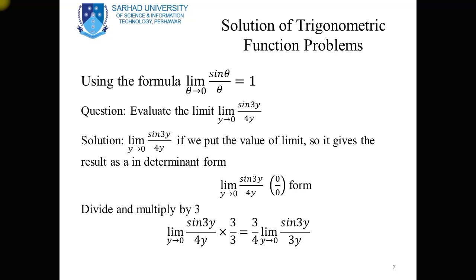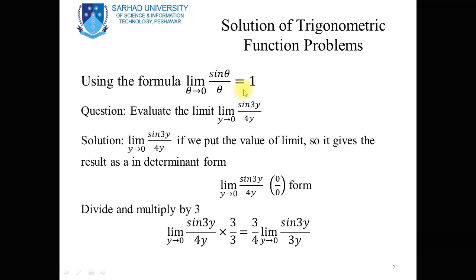case of trigonometric functions. When we obtain 0 by 0 form in case of trigonometric functions, we apply the theorem: limit theta tends to 0 of sine theta by theta is equal to 1. Dear students, in this theorem, theta appears in the denominator and theta tends to 0, and this theta will be in radians.